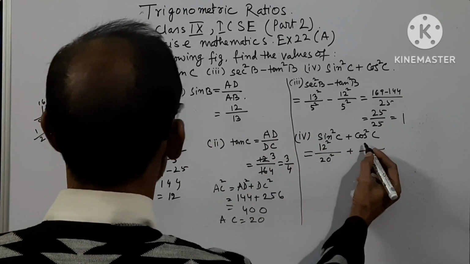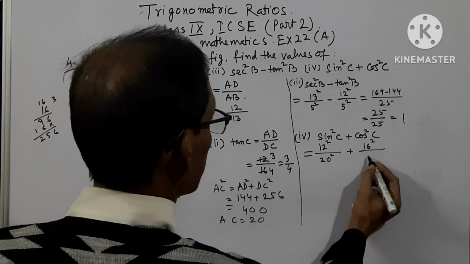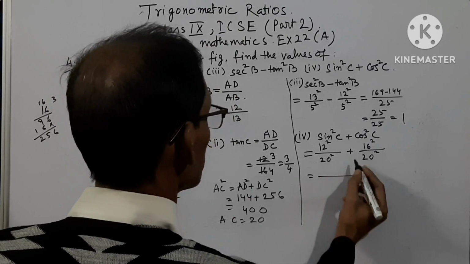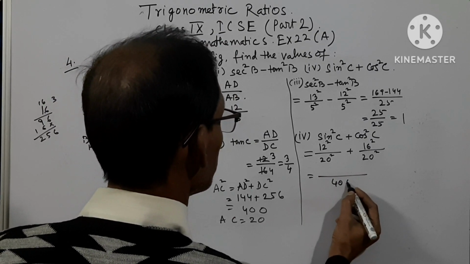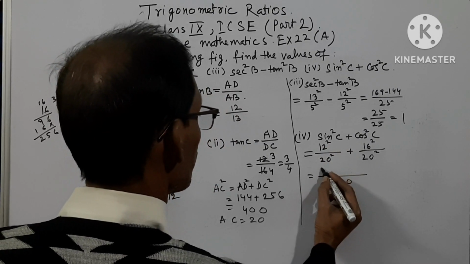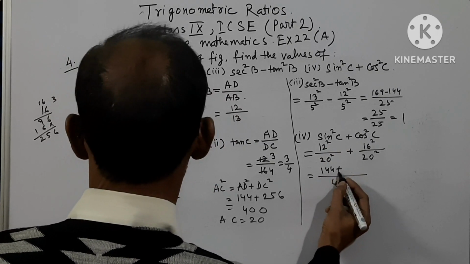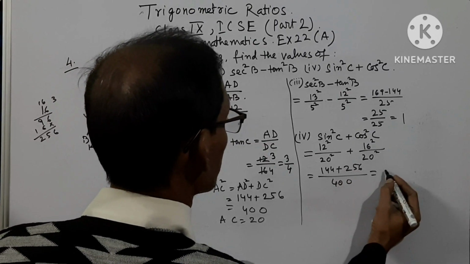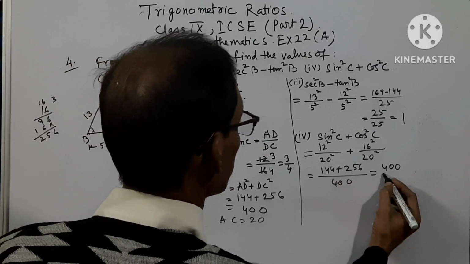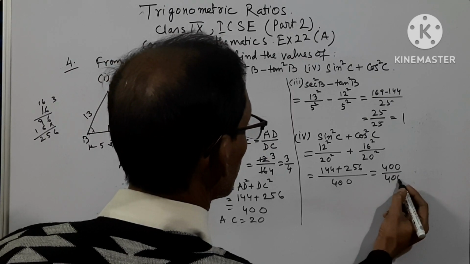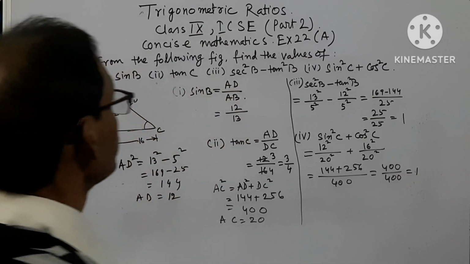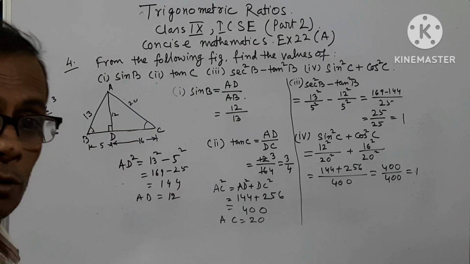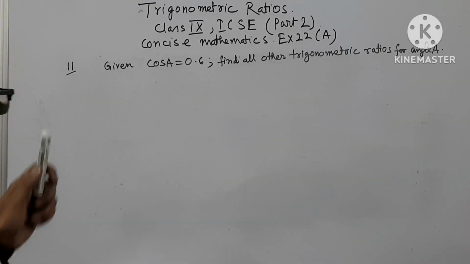So 16 square by 20 square. 20 square, that means 400. 12 square, 144 plus 256, 400 by 400, which gives me 1. So this way you have solved all the 4 problems.